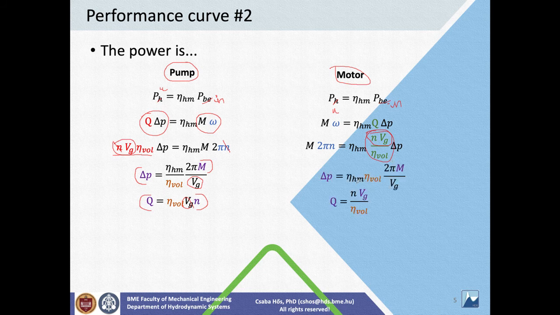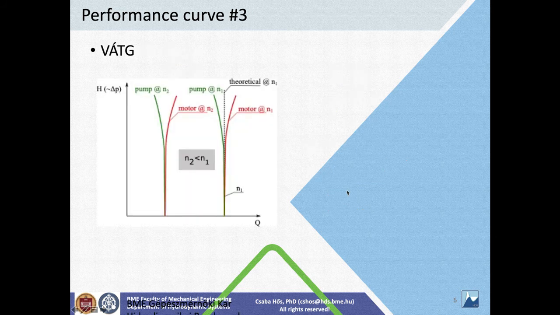And again, you do the maths and you see very similar equations. Delta P, M, Q, revolution number. Good. So these are our equations. And then we might want to plot the performance curve. I'm sorry for the quality of the picture. So the theoretical flow rate is vertical.